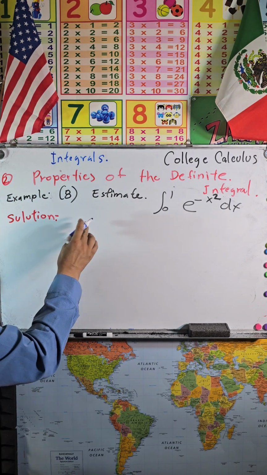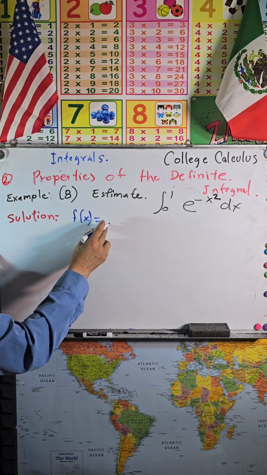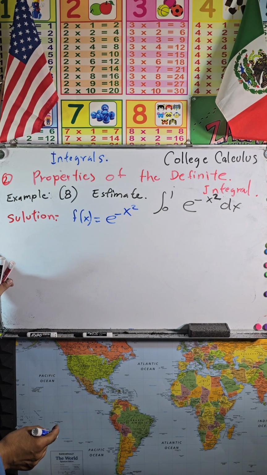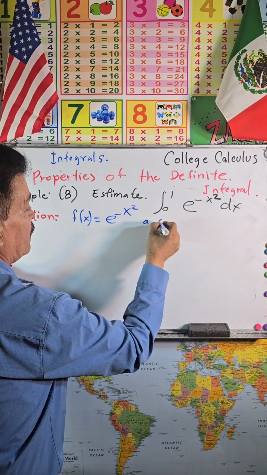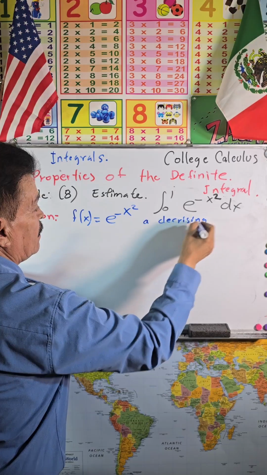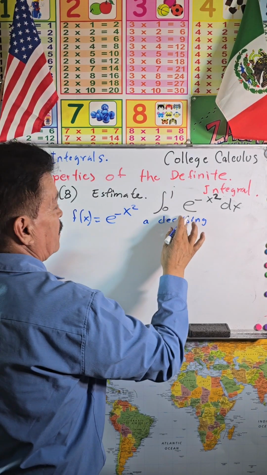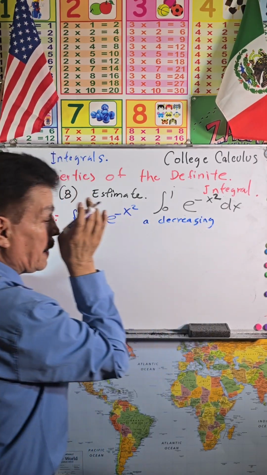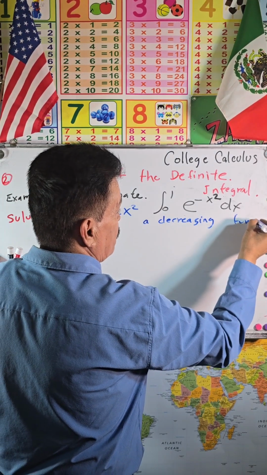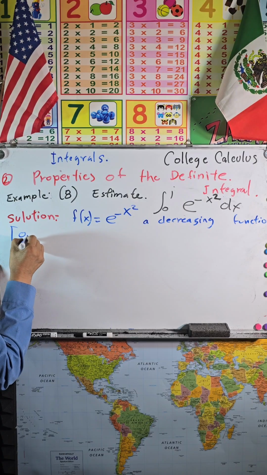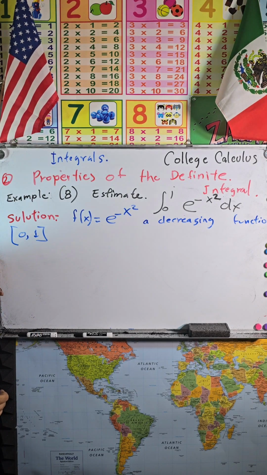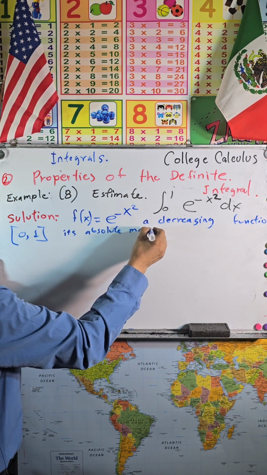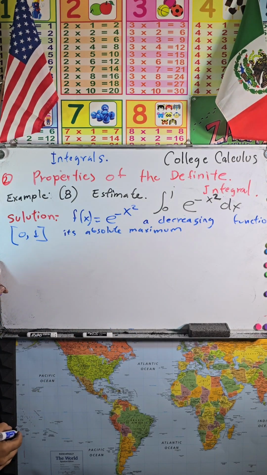So we have, because f of x equals e to the negative x to the second power, a decreasing function on 0, 1, it is absolutely maximum. This is the absolute maximum value.